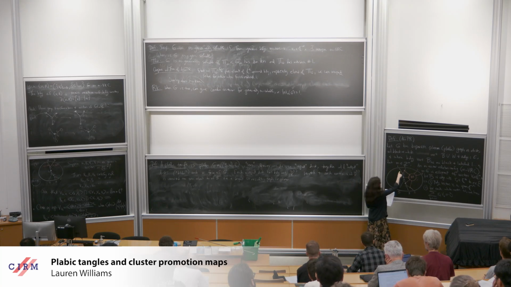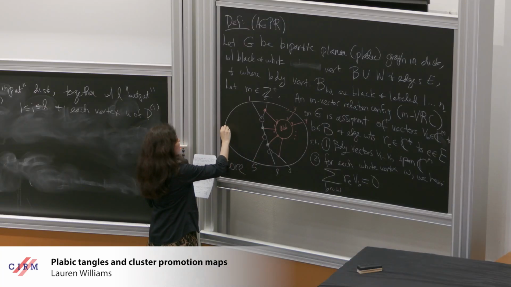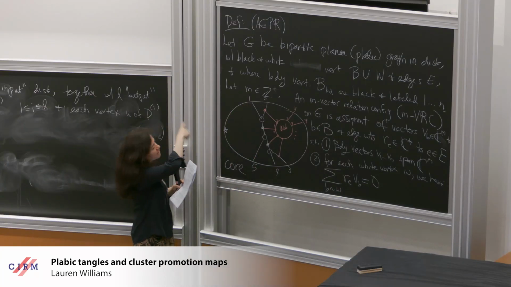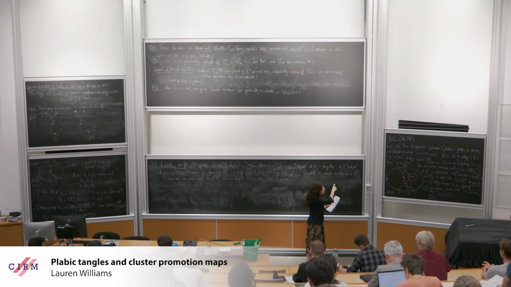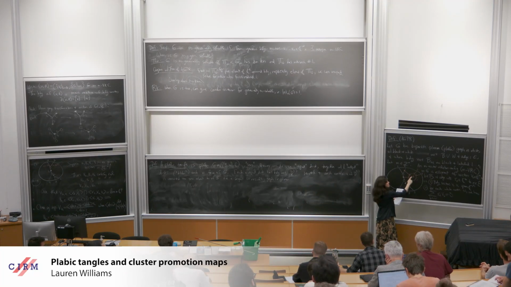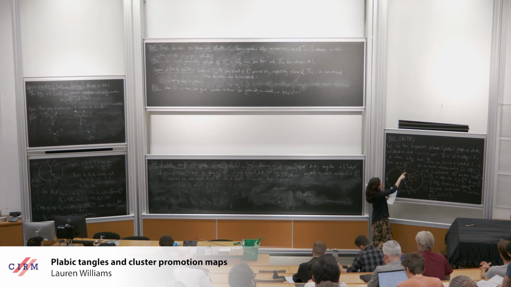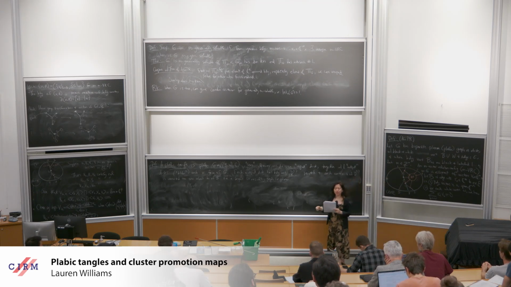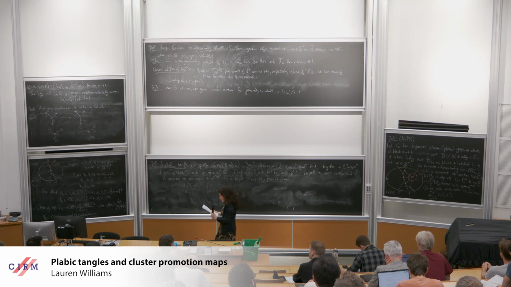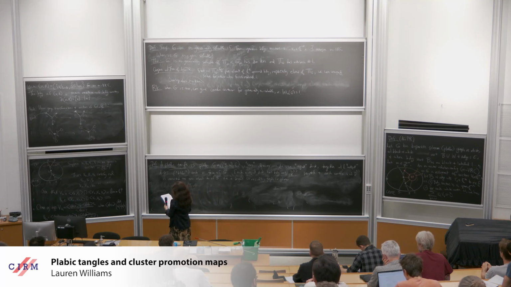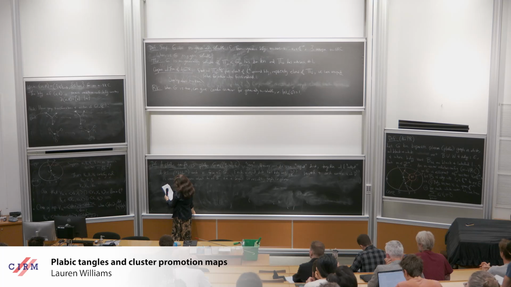So my core here has boundary vertices 1 through 5, and I'm going to put a star right before the 1, just to indicate that this is where our numbers started in order. And on this output disk, on my blob, I'm also going to have a star just to record where my labeling begins.